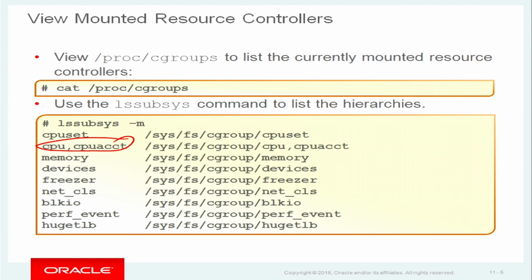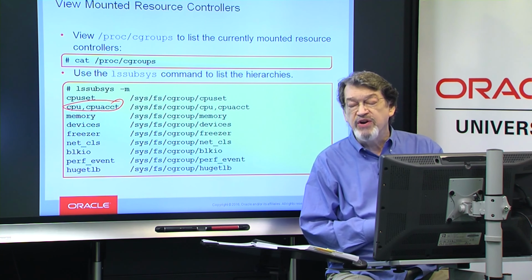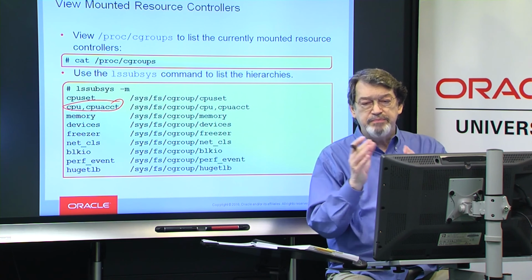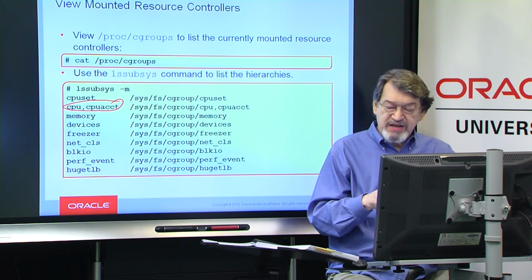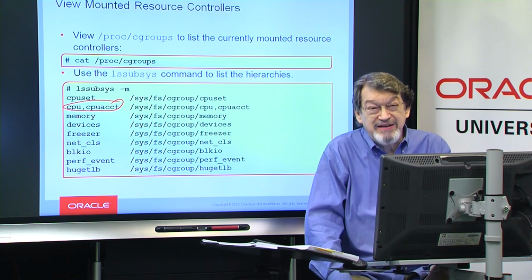Moving down the list, memory, devices, you can limit devices. C groups themselves, the freezer concept is in a container, I can freeze, pause, the container, or I can unfreeze it. So it's not a C group thing, but it's a convention for containers like the next lecture on Docker.